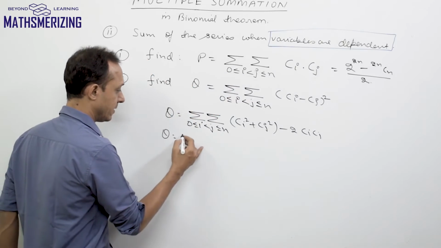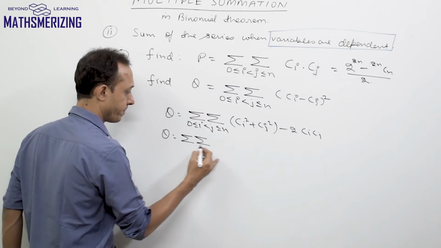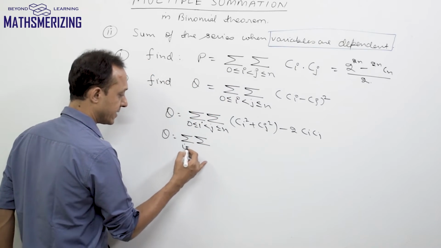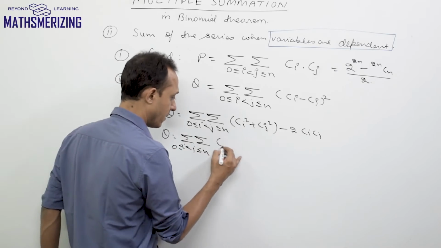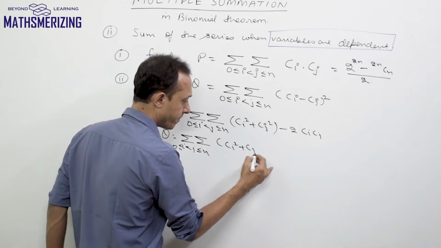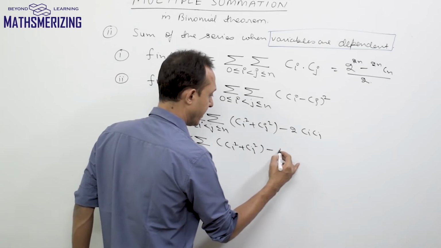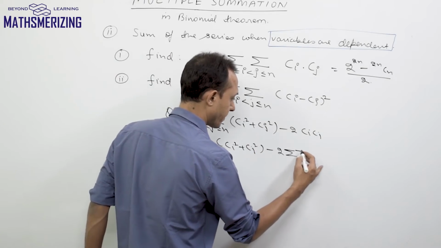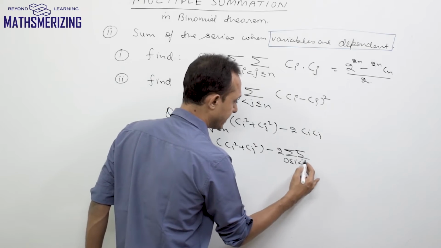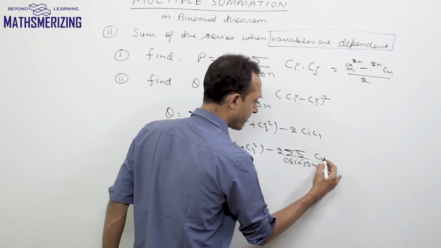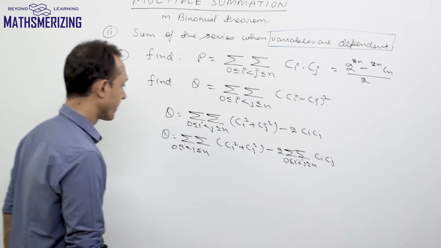So I'll write it as double summation, i less than j, greater than or equal to 0, less than or equal to n, Ci square plus Cj square, and then minus 2 times double summation i less than j less than or equal to n, Ci into Cj.